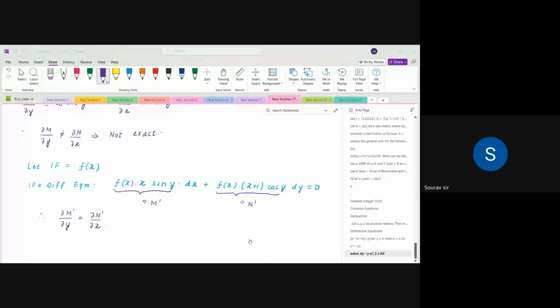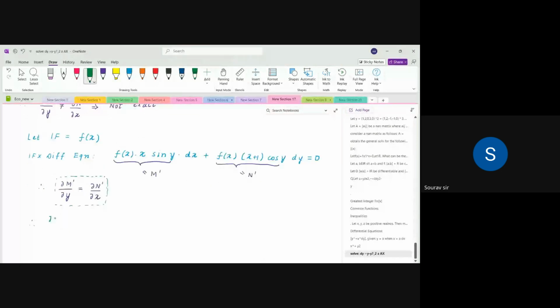Do you all agree with this? After multiplying the differential equation with f(x), this condition must hold: del M dash by del y is equal to del N dash by del x. Correct? That is the function that we want to find out. You agree?